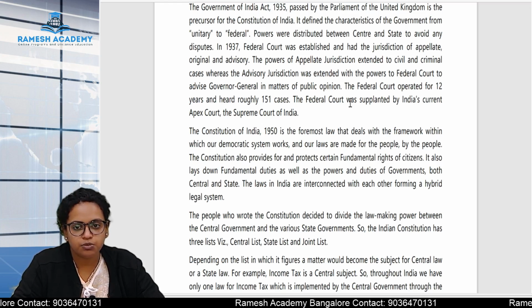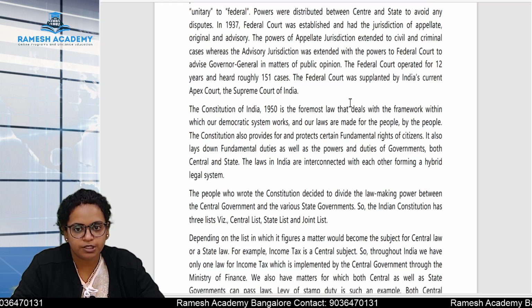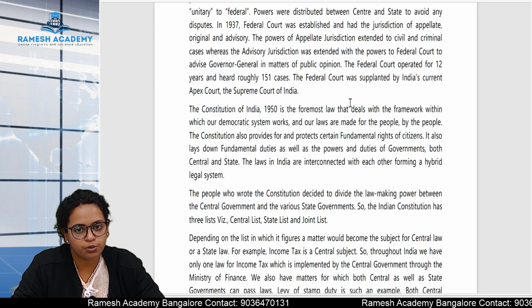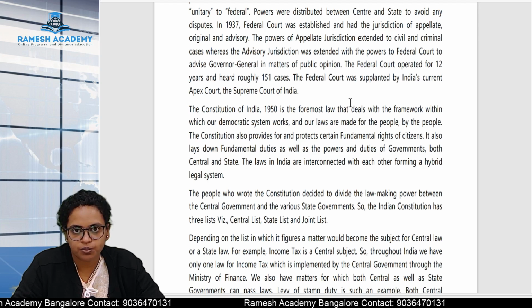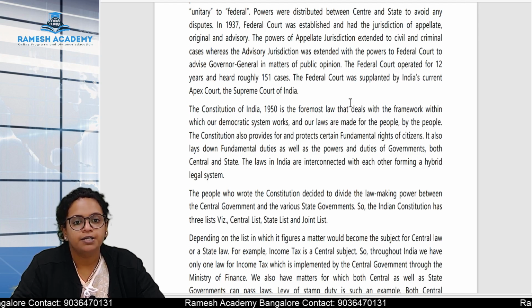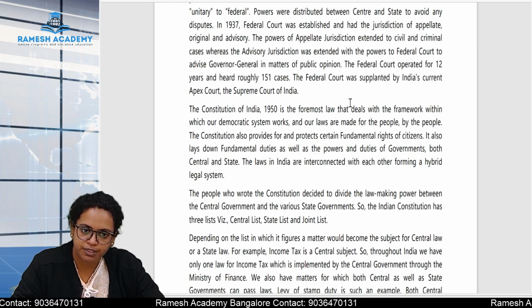So the current Supreme Court was the federal court before. Continue reading. The federal court was supplanted by India's current apex court, the Supreme Court of India. Please mark this line. After the establishment of the federal court, it operated for 12 years and took decisions in 151 cases.